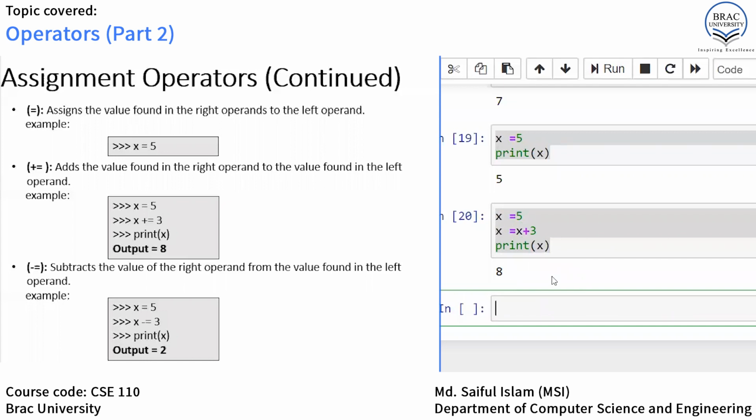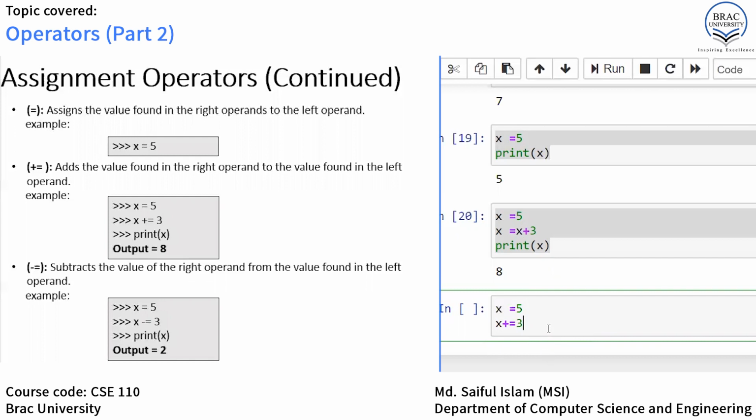Now if we do it using the assignment operator, which is plus equals, let's see the procedure. So x equals 5, now x plus equals 3, instead of x equals x plus 3.